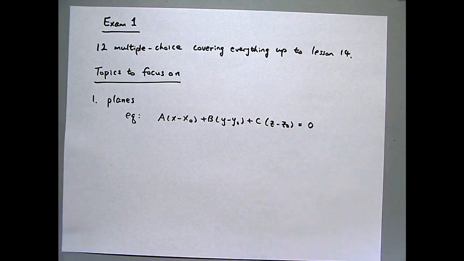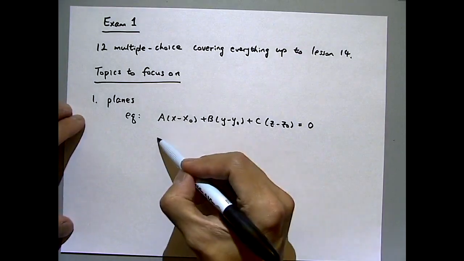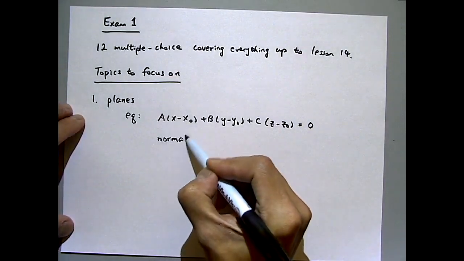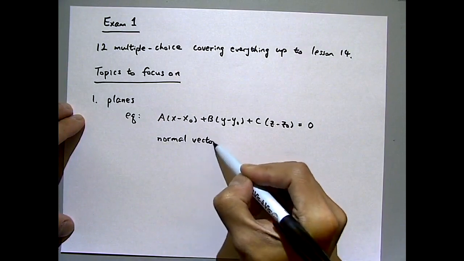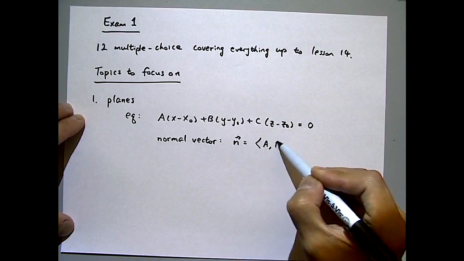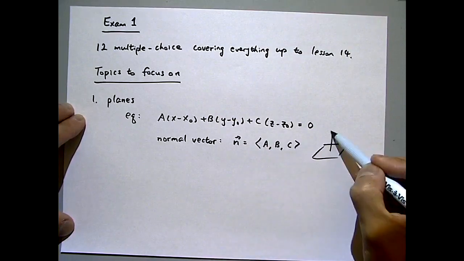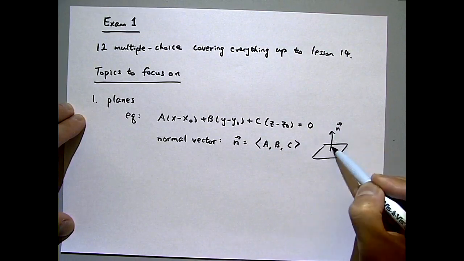This came out of a dot product. What are a, b, and c? The normal vector, good. So that's the vector that's perpendicular to the plane.